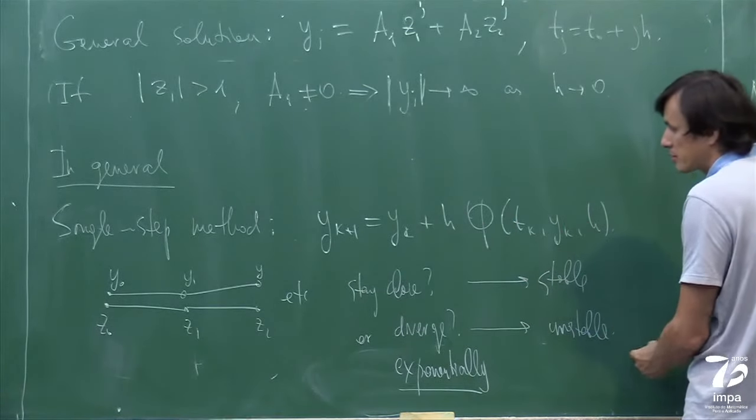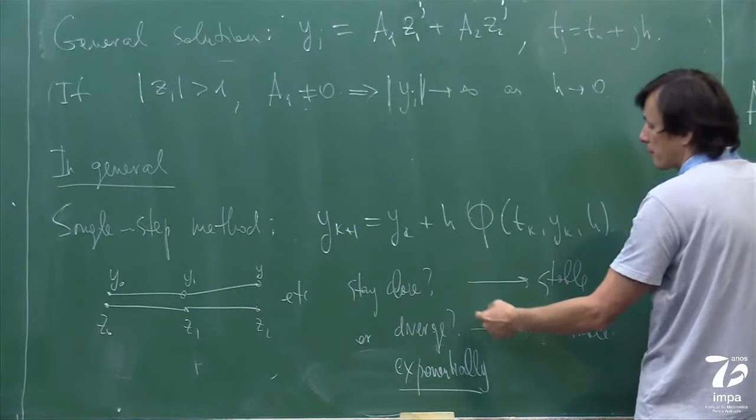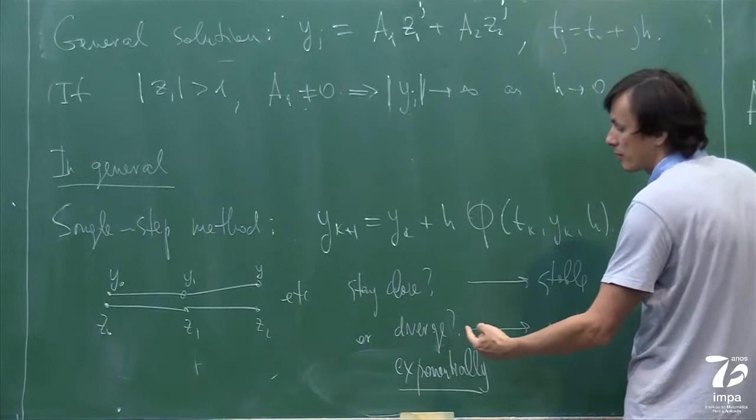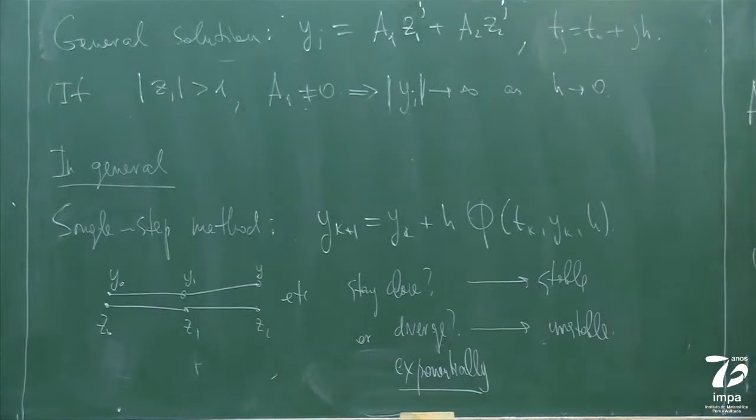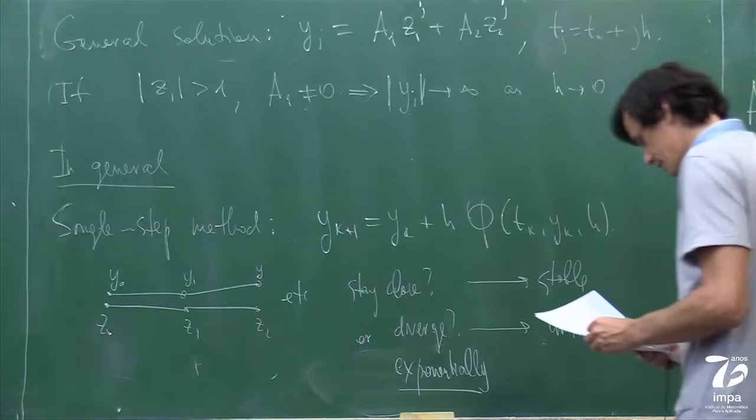But in the unstable method, you get much better approximation at each step, but this small error will be amplified exponentially fast by the fact that decreasing the step, you have more steps. Yeah, so that's a competition which gives the failure for the unstable methods.